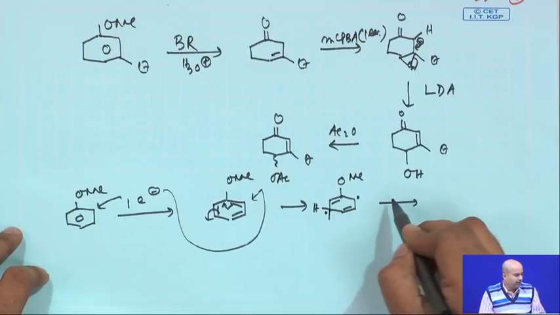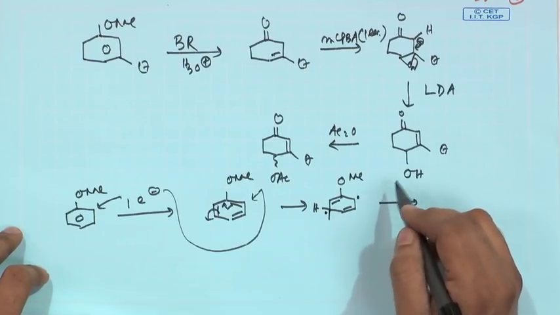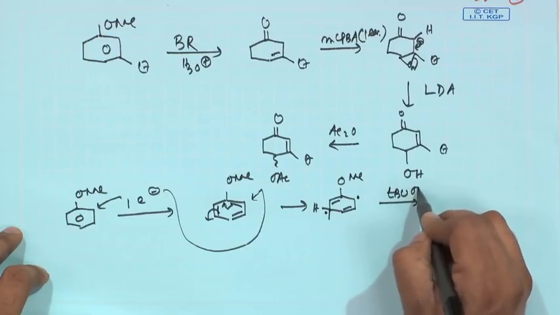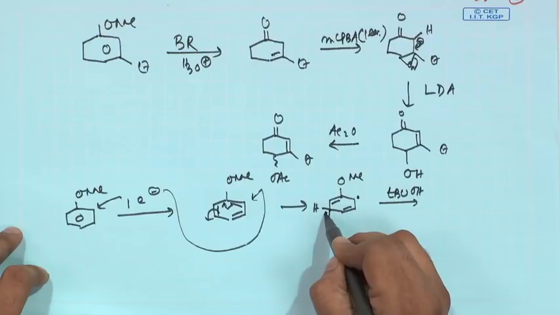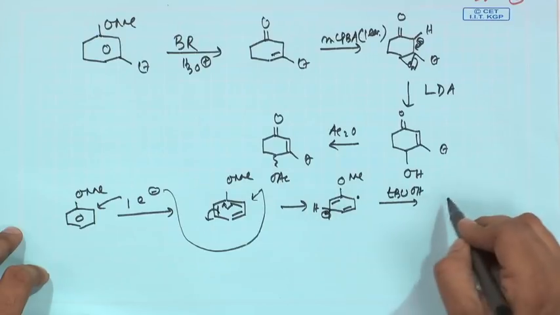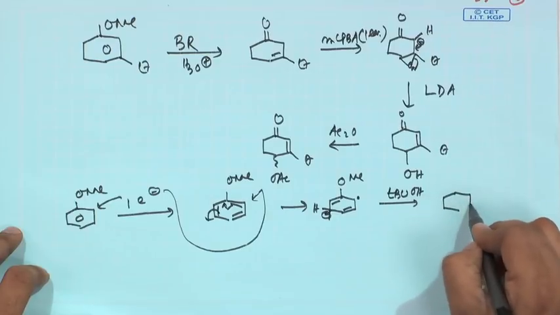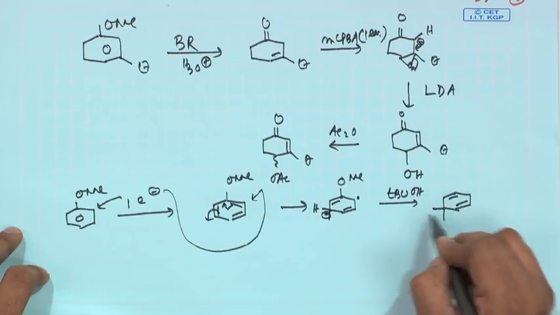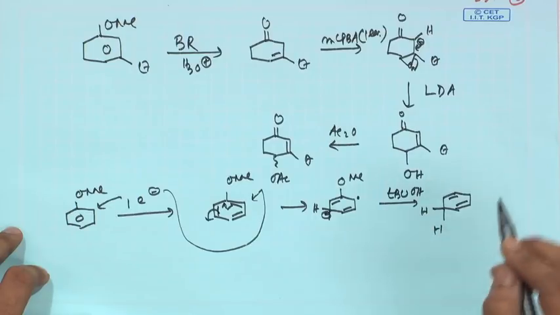Eventually, the solvent is always tertiary butanol or ethanol. So, this minus will now abstract the proton, and it will give you this hydrogen.